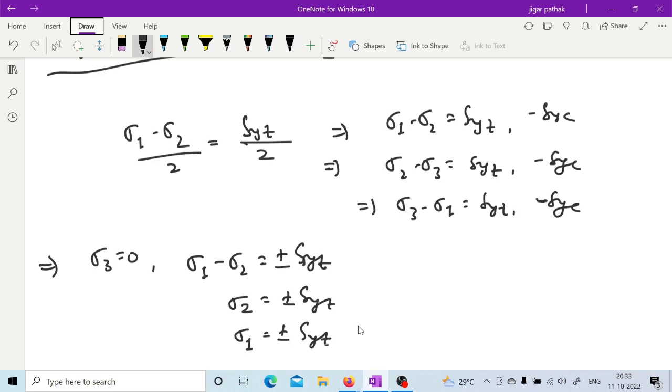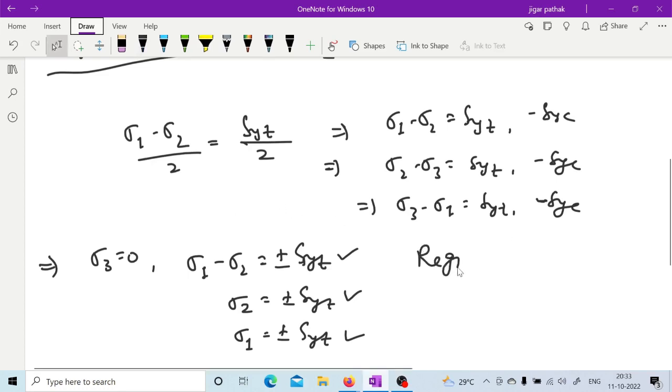So once you are done with this, then you can plot this region of safety with these equations, right? These are equations of this line.